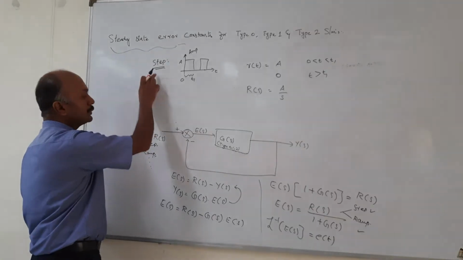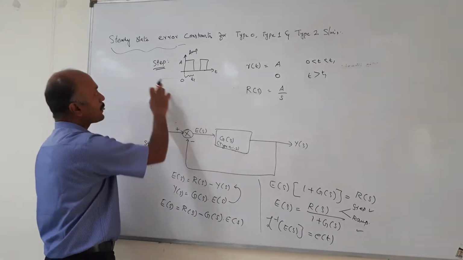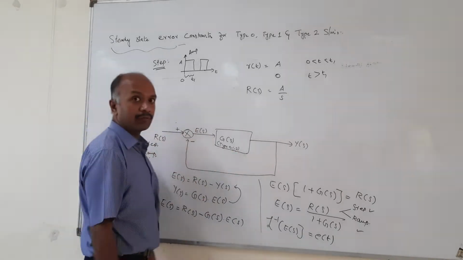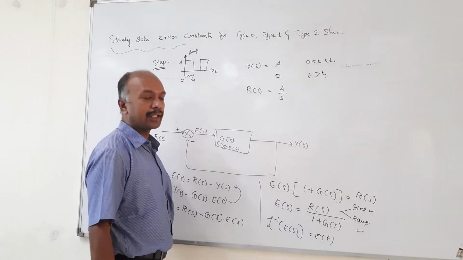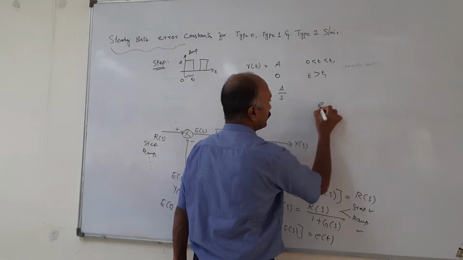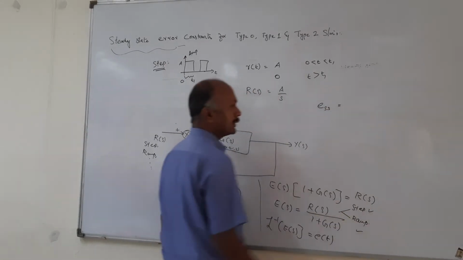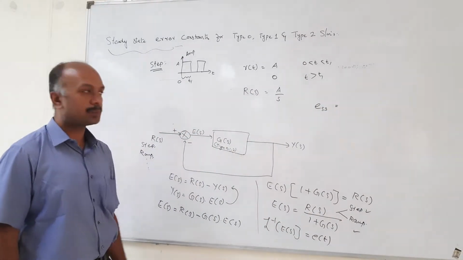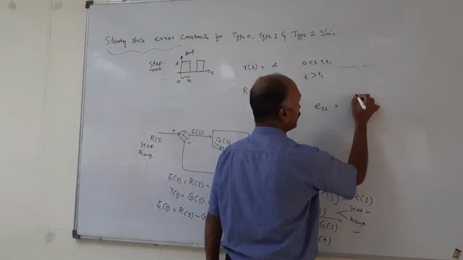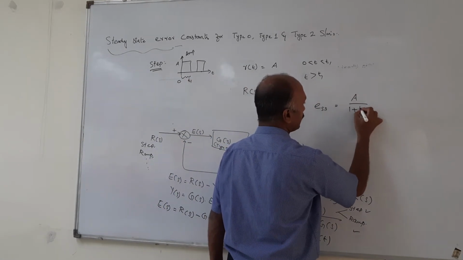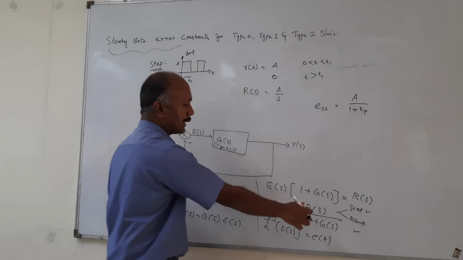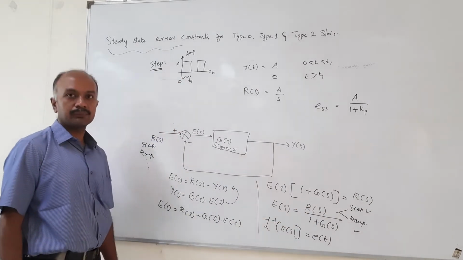Now when you substitute a step input into a type 0 system, I will directly give you the steady state expression. We represent the steady state error in the time domain response as A upon 1 plus Kp, where Kp corresponds to the type 0 system.